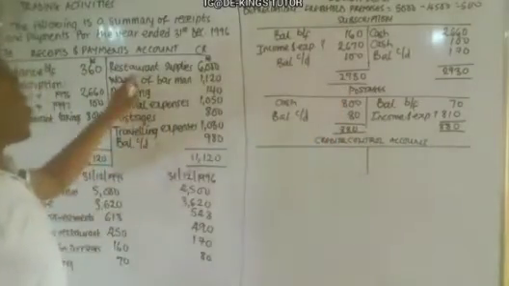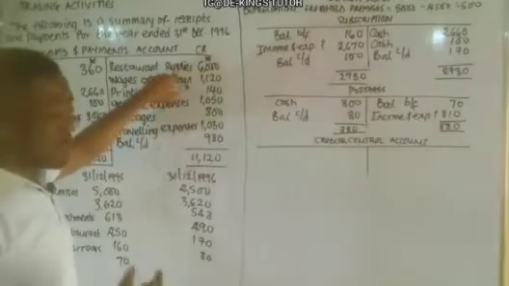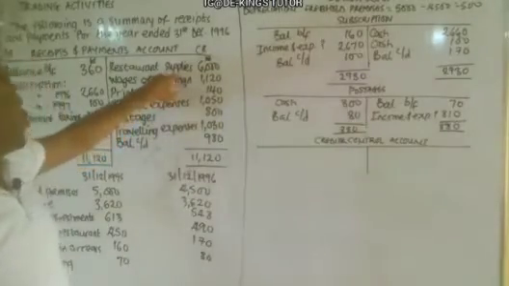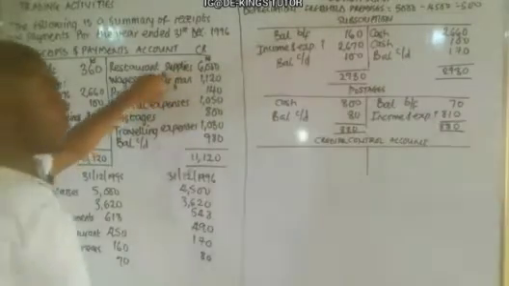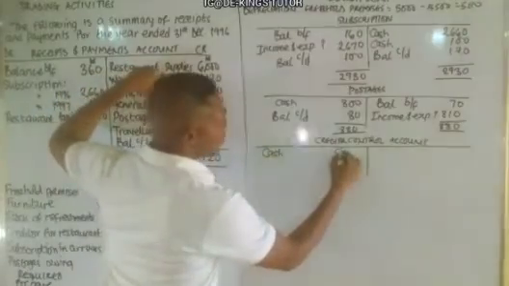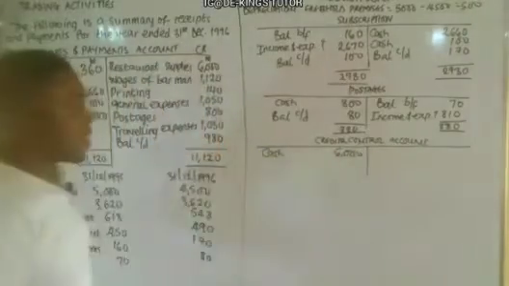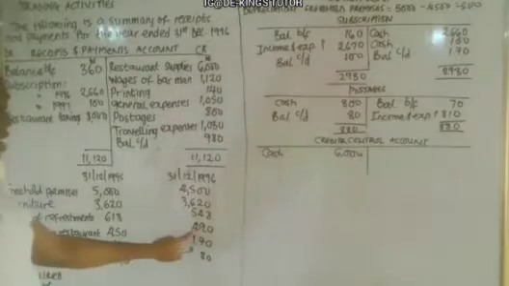Now, restaurant supplies, it means it is the creditor that supplies, also known as supplier. Since it's at the credit side of the receipt and payment, it means they made payments to them, so they are receiving it as cash, 6,000.